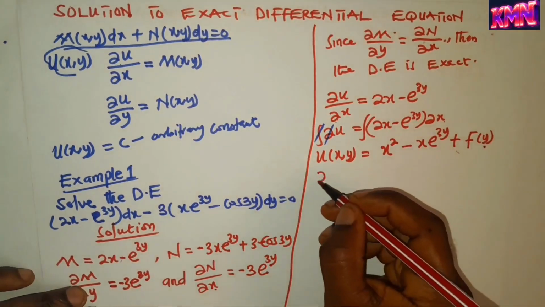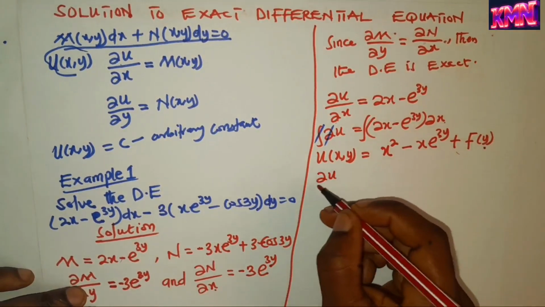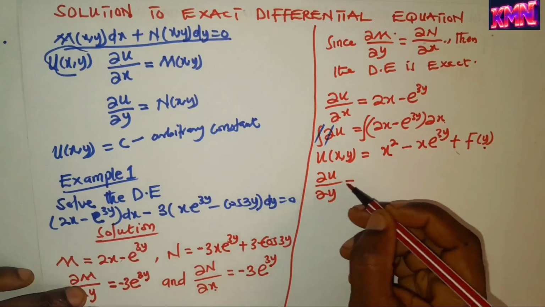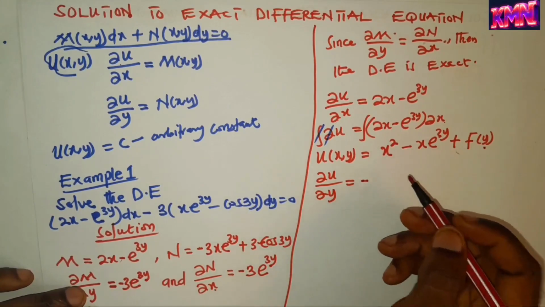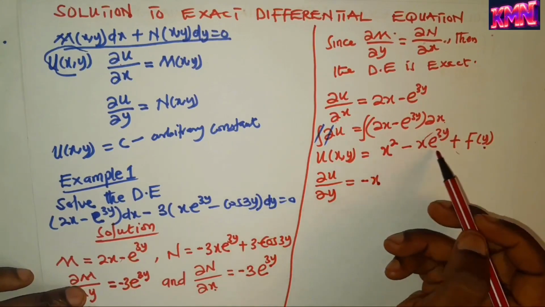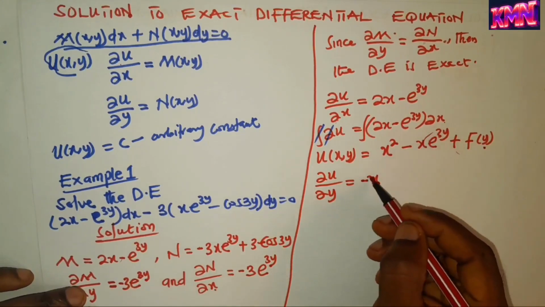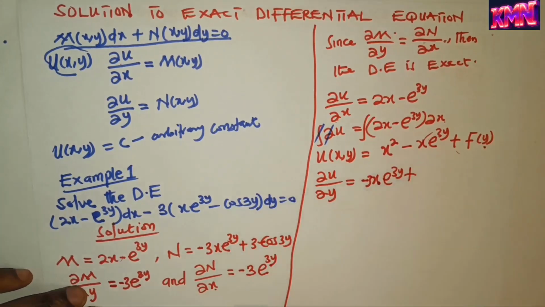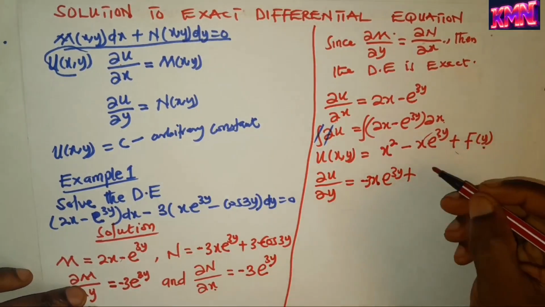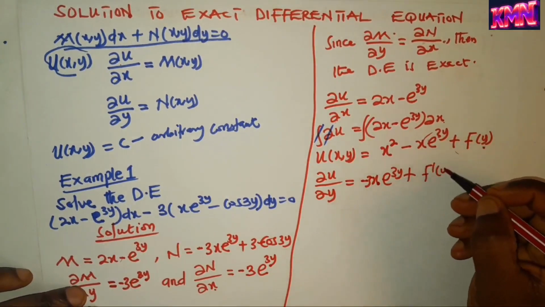We are going to have del u del y equals: the x squared term goes to 0, and we have negative x times 3 e power 3y, plus f prime of y when we differentiate f(y).